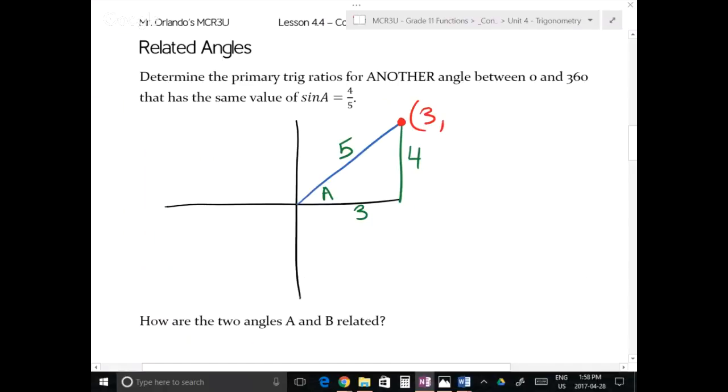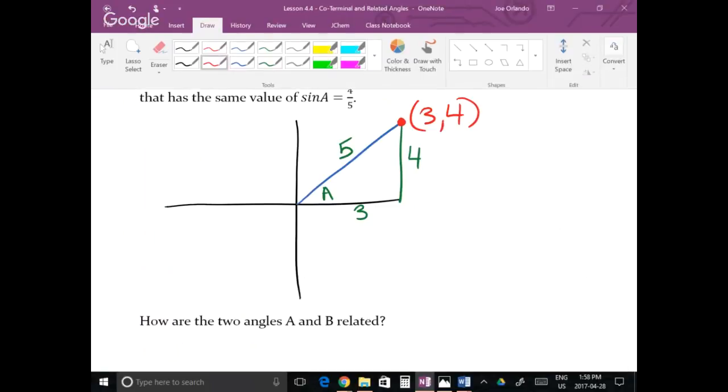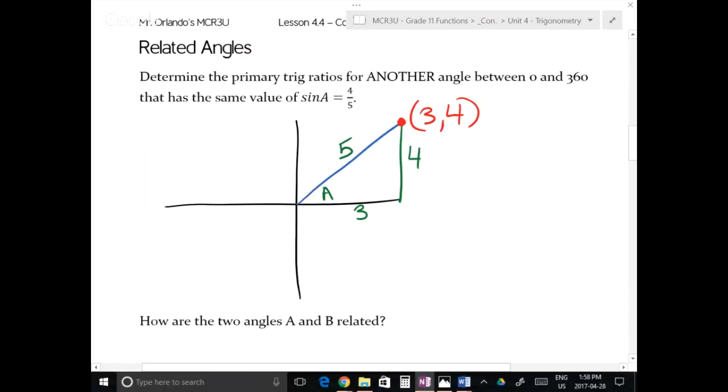And how far up or down on the y? 4. Okay. And the sine, of course, comes from which one? Sine of 4/5. Is it that 4 or the 3 that contributes to the sine? The 4. And this hypotenuse of 5.